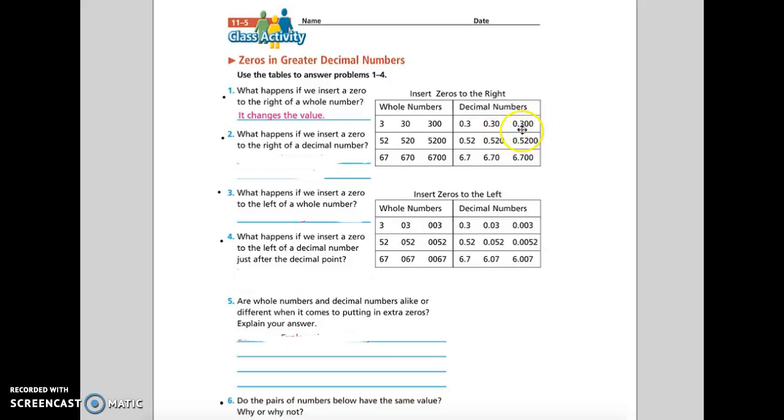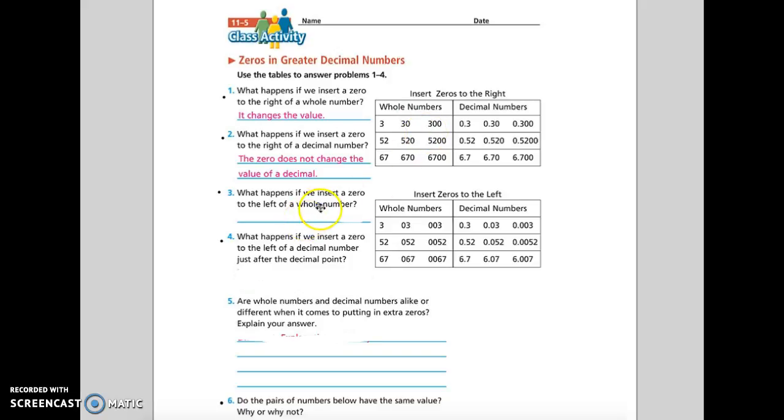It all stays the same. It doesn't change the value of that number. So when I add the 0 to the right of the number in a decimal, it doesn't change it. But in a whole number, it does.